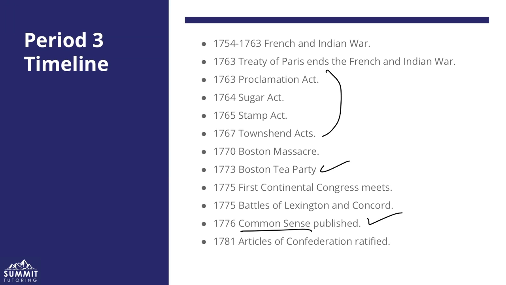Also, in the beginning, what's sparking all of this is the French and Indian War, right? And then the treaty, and then all of these acts and taxes are put onto the New World and the colonies that are settling there.